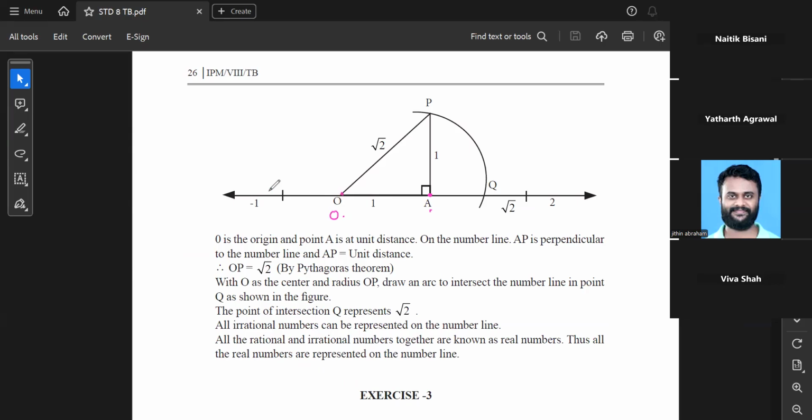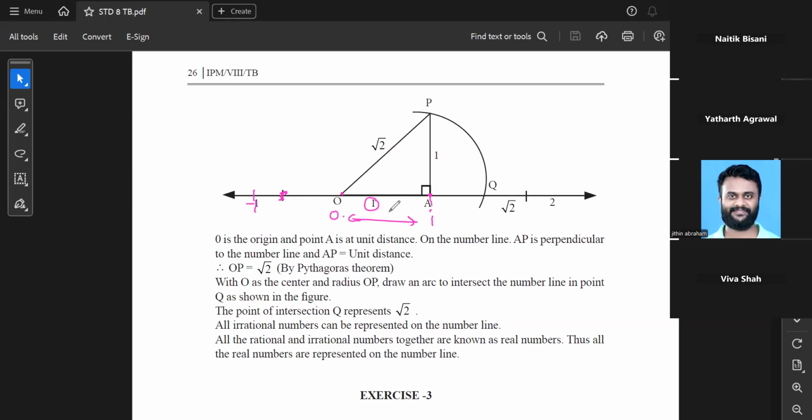On the left side, however much we go further, this is -1. And towards the right hand side, let me say this distance is 1. That means this distance which we have covered is basically 1. So far, so clear? From 0 to 1, whatever distance we have covered is 1.